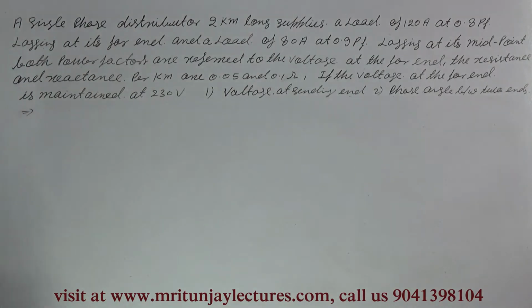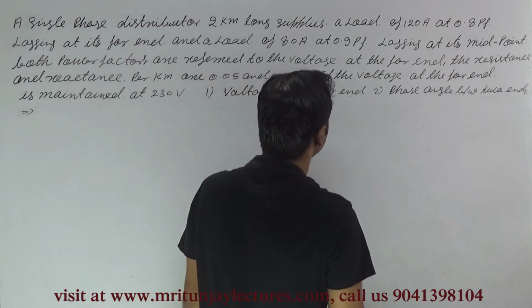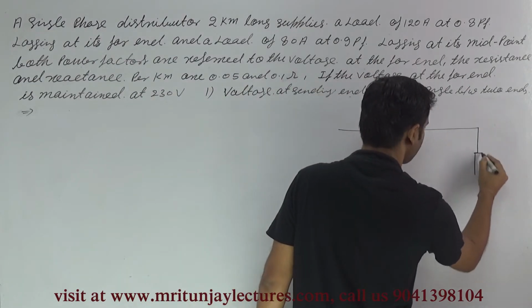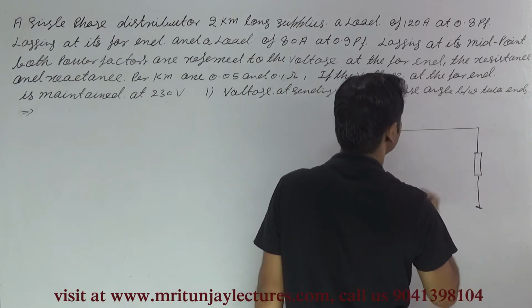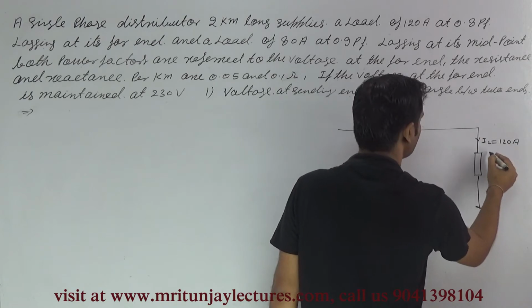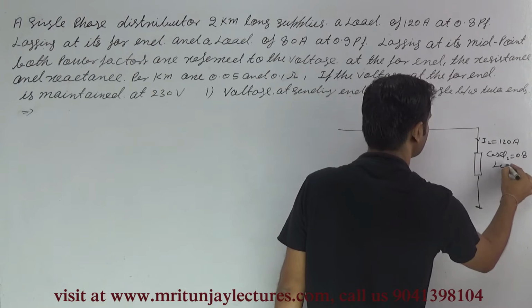Now, corresponding question. A single phase distributor 2 kilometer long supplies a load of 120 ampere, that is I2 is 120 ampere, and power factor cos phi 2 is 0.8 lagging.